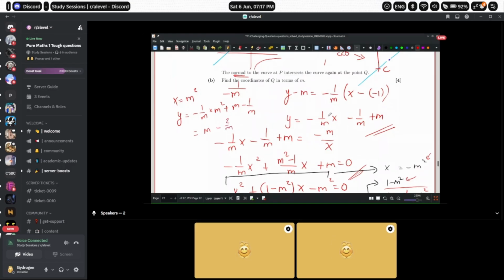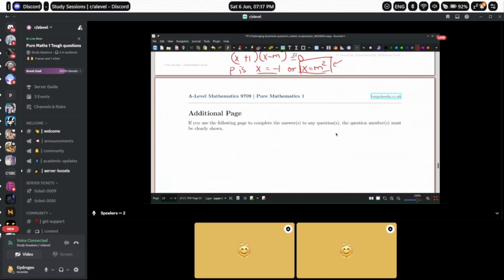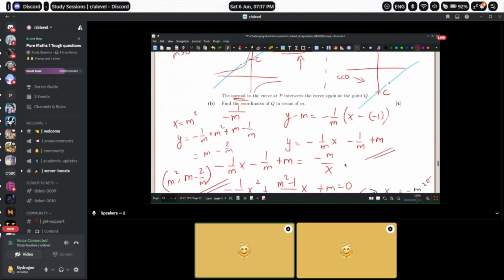Is this right? Yeah, okay. So the coordinates of Q are m squared, m minus 2 over m. Yeah, okay, that's it for this question.